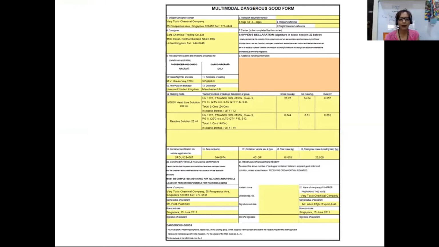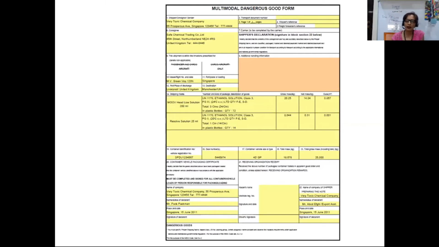So in order to protect yourself, you would incorporate that information into a document. By the carriers using a declaration form combined with a container packing certificate, they are making sure, before the shipper tenders the goods to them, that the shipper has also fulfilled the CPC portion of the requirement.